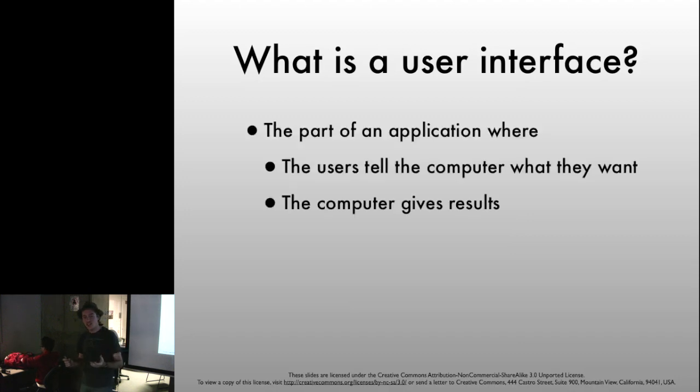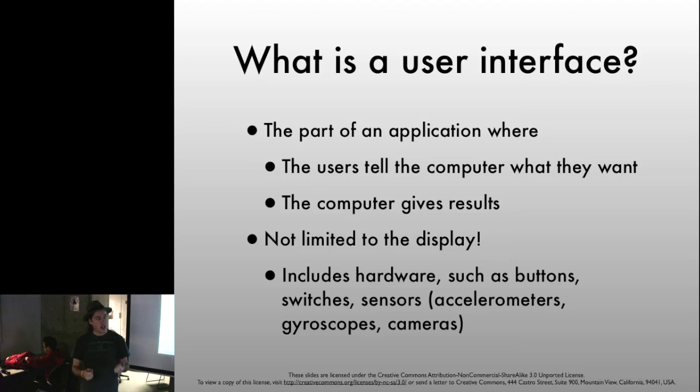Okay, so the basic part of a user interface is the specific part of your application where the user tells the computer what they want to have happen, and where the computer tells the user, hey, I'm done with this computation, here's the result. And we often think of the user interface as just being the display, but really there's a lot more to user interfaces, especially now that mobile devices are becoming more popular.